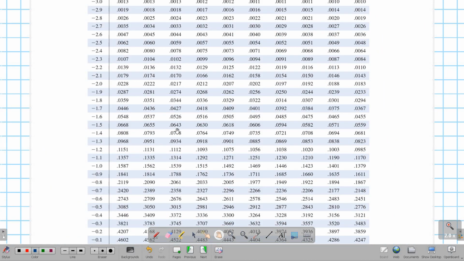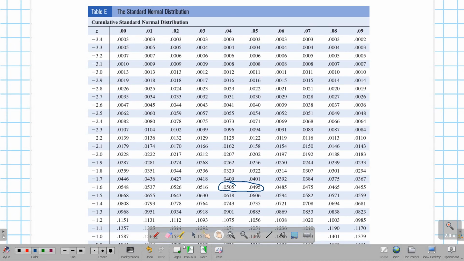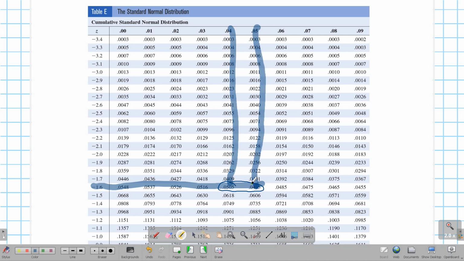Okay, we're now here at the z table, so let's look for an area of 0.05. This is 0.0526 here, and this is 0.0495, so I guess we can already use that. Based from the table, they came from negative 1.64 and negative 1.65.